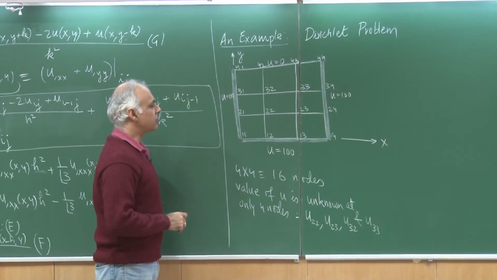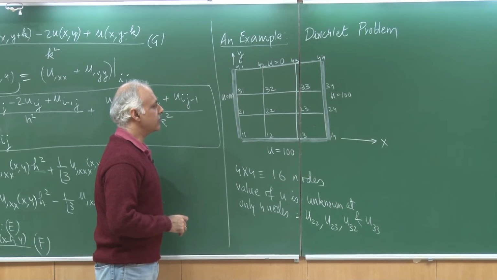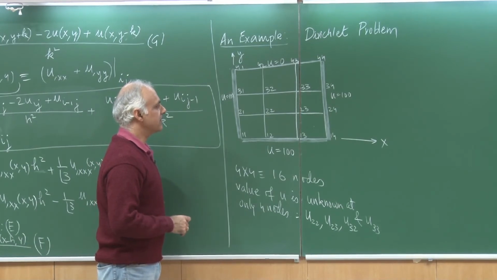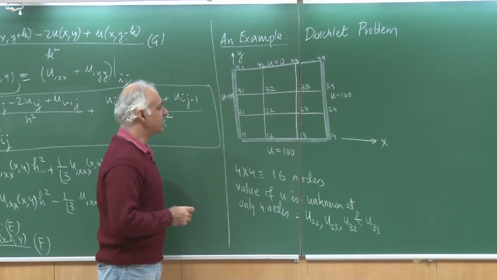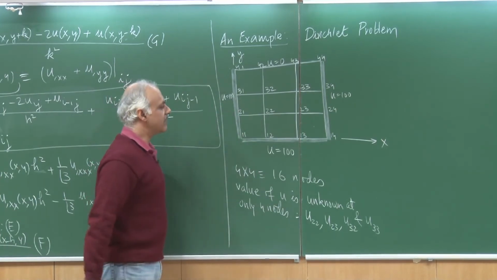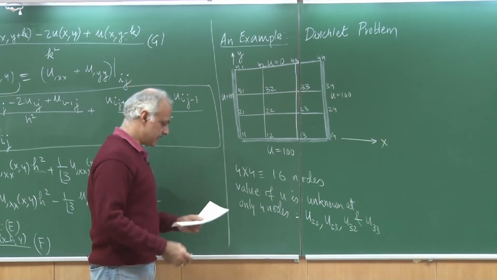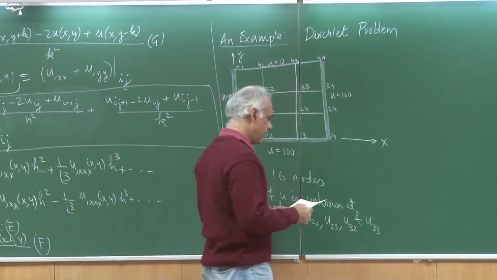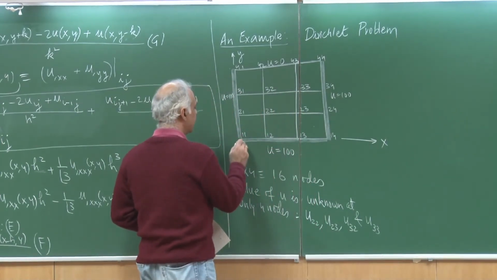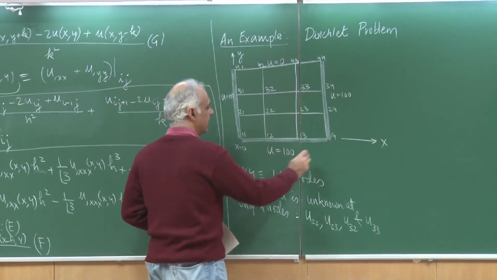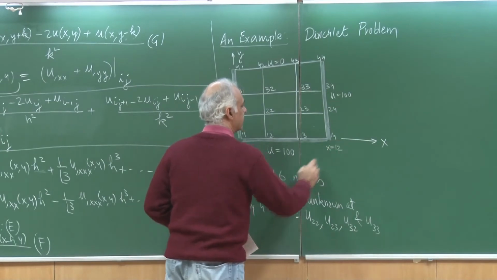So, I would like to solve the Poisson's equation. In fact, I would like to solve the Laplace equation. So, let me assume f is 0 inside, there is no source term, and I just want to estimate the value of the temperature inside. Let me say this value is x equal to 0 and this is x equal to 12.